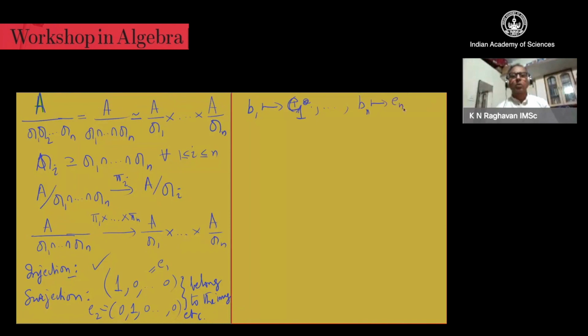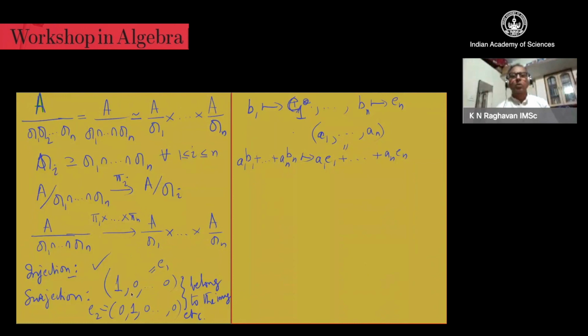Then if I want what goes to (A1, ..., AN), think of this as A1 E1 plus ... plus AN EN, and you can just take A1 B1 plus ... plus AN BN. So it's rather easy to see that if these are in the image, then we are done with the surjection.